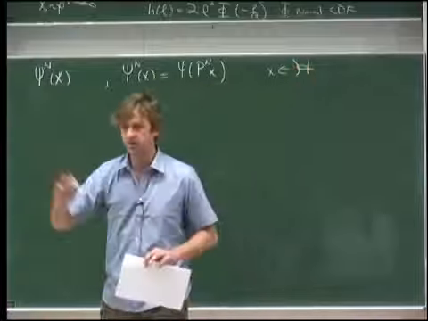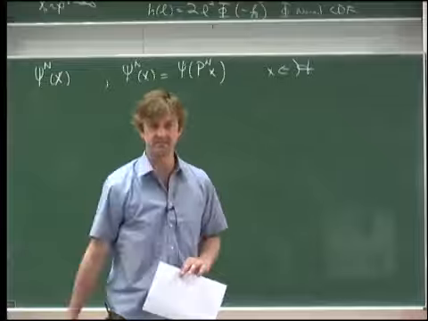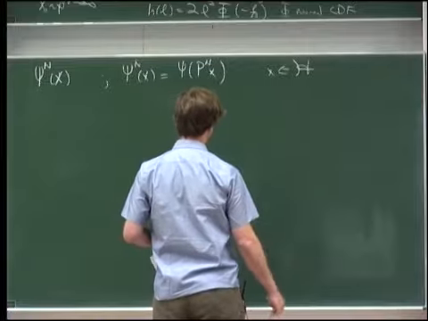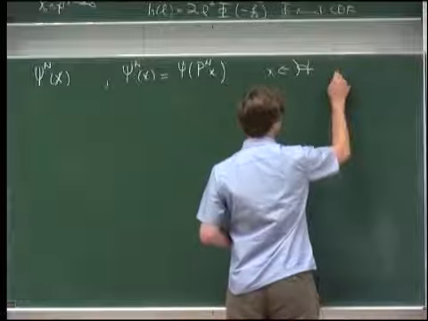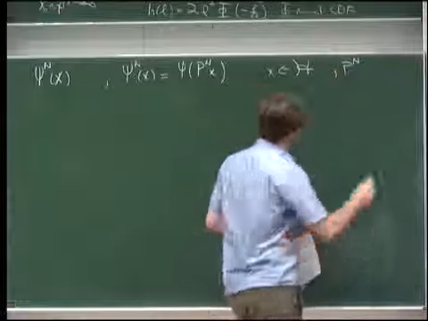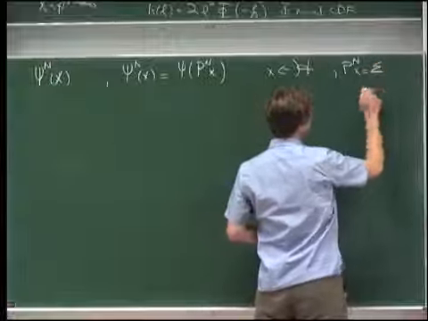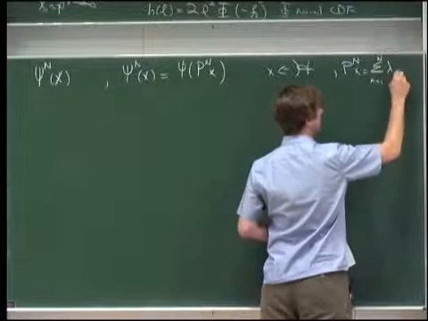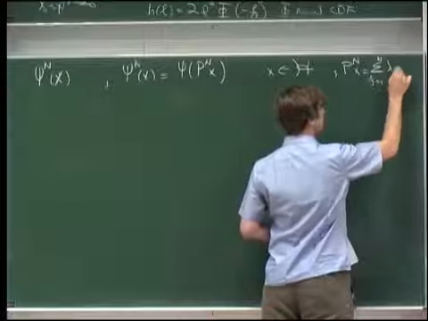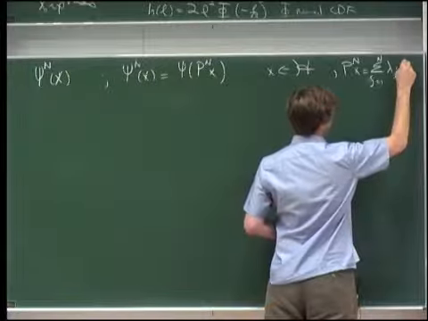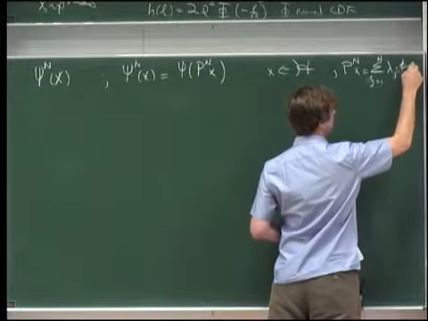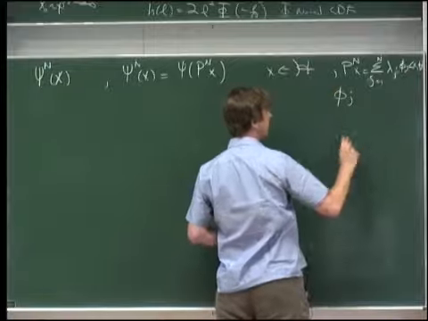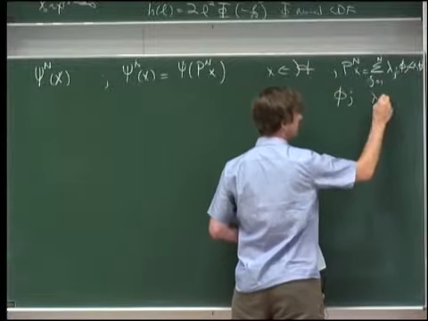Just think of it as one-sided infinite sequences, if you want, with the standard inner product. Some Hilbert space, and Pn is going to be a projection. So this is going to be a summation j equals 1 to n of lambda j phi j, and then x phi j. So it's projection onto some basis phi j with some coefficients lambda j.